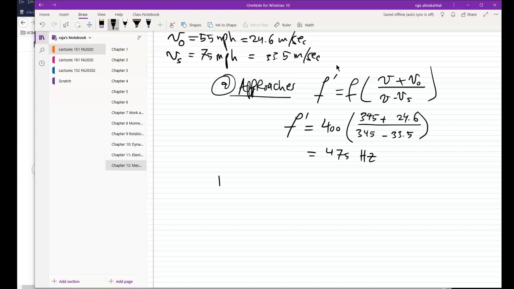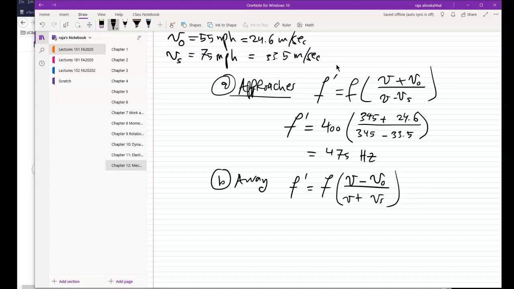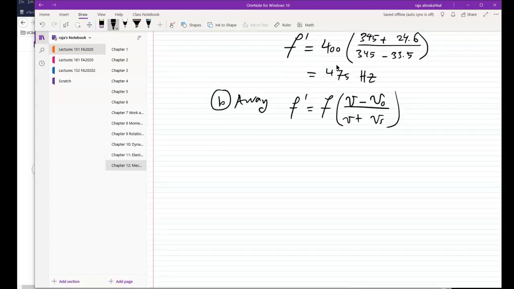Okay, and then the next part, he says the car is moving away. So basically, the frequency is equal to f times v minus vo over v plus vs. And then you just plug it in.